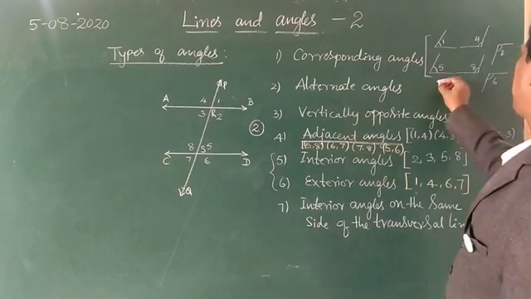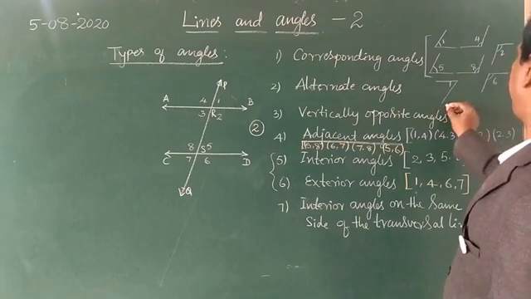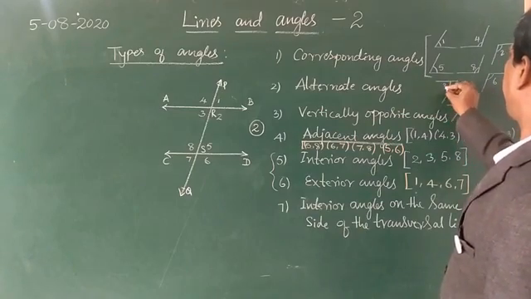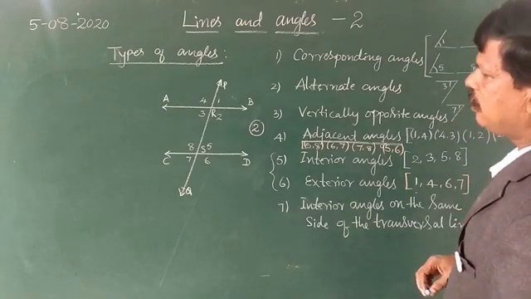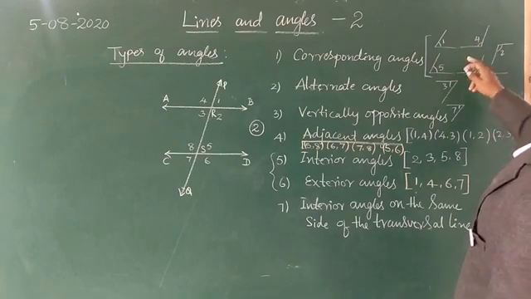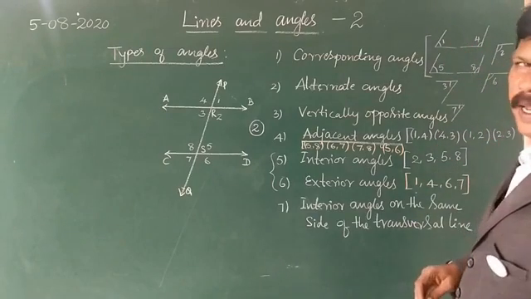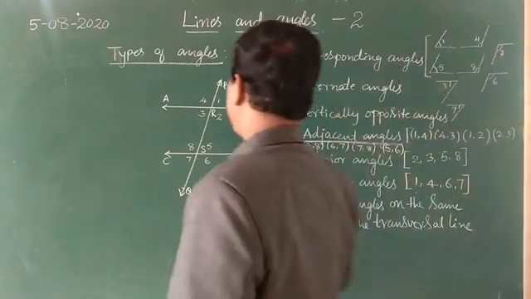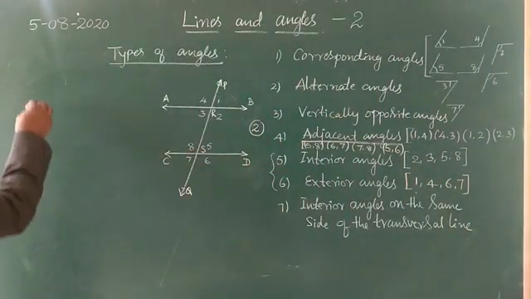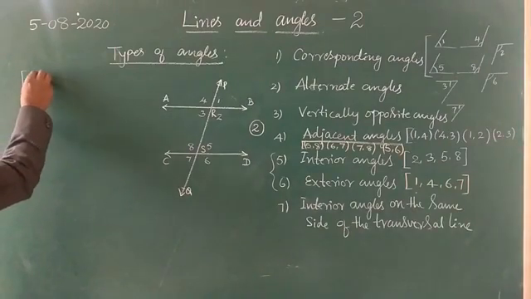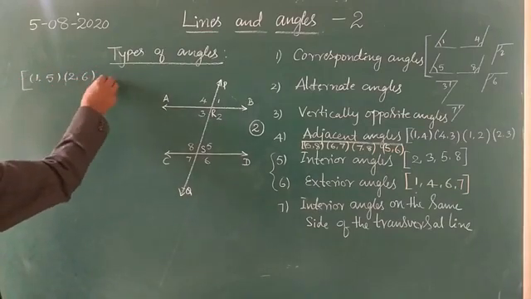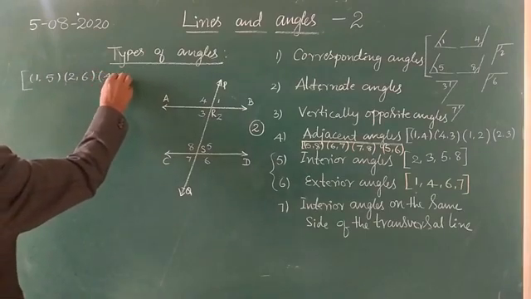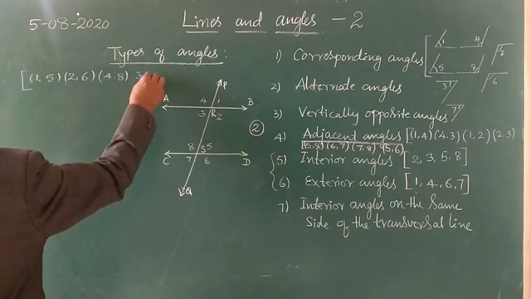Similarly 3 and 7 look the same, and 4 and 8, 1, 2, 3, 4 pairs of corresponding angles. So I am writing here the corresponding angle pairs. Which are the corresponding angles? For 1 it is 5, for 2 it is 6, for 4 it is 8, and for 3 it is 7.